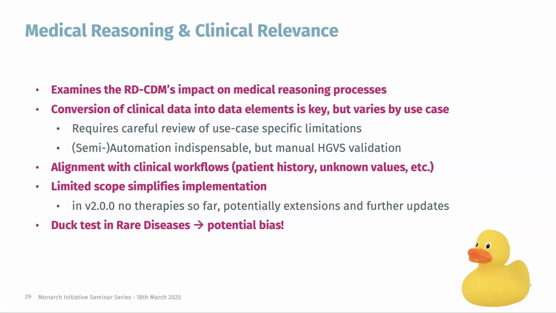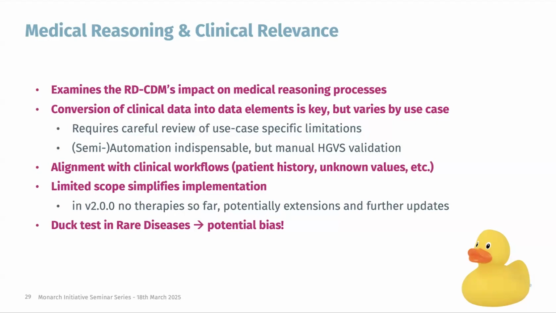And if you don't know what you're looking for, but you already have a specific limited scope of your analysis or of your clinical reasoning capabilities, then you may run into potential biases. For now, for rare diseases, we need to increase the amount of analyzable and machine-readable data.